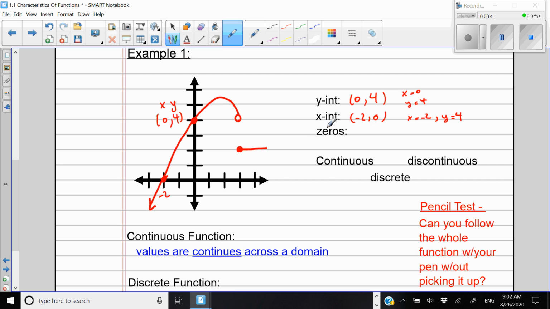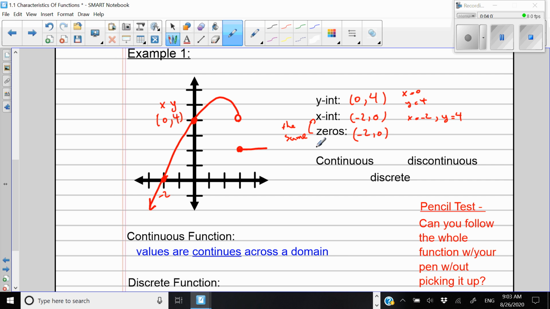The x-intercept has another name, called zeros. So it's the same as the x-intercept. If I ask you what is the zero of this relation or this graph, you're going to say (-2, 0). That's the zero of this graph.